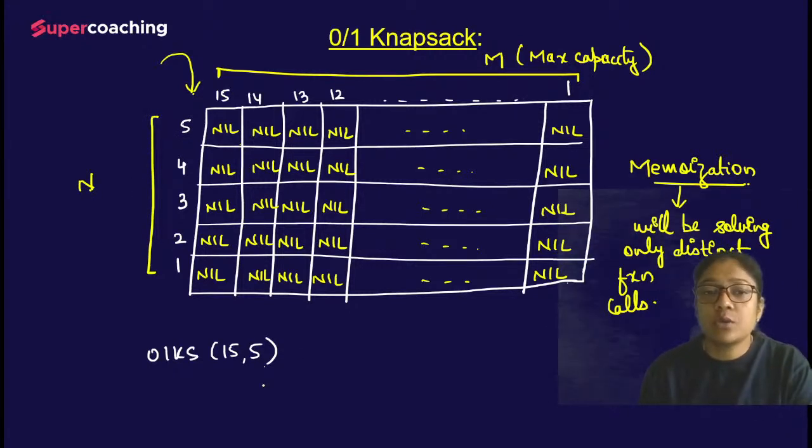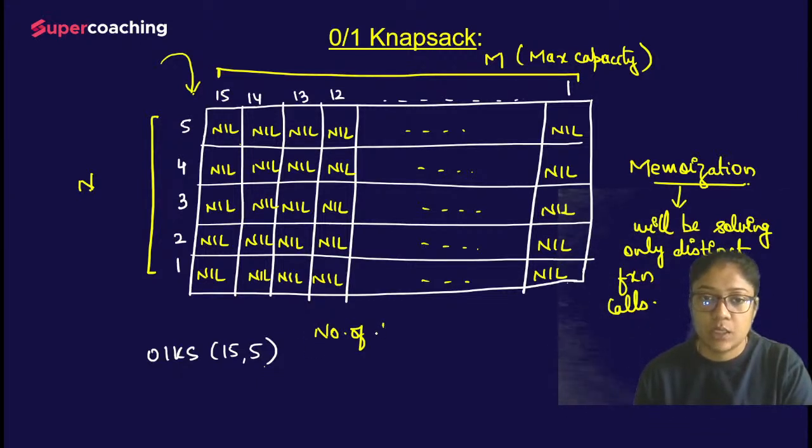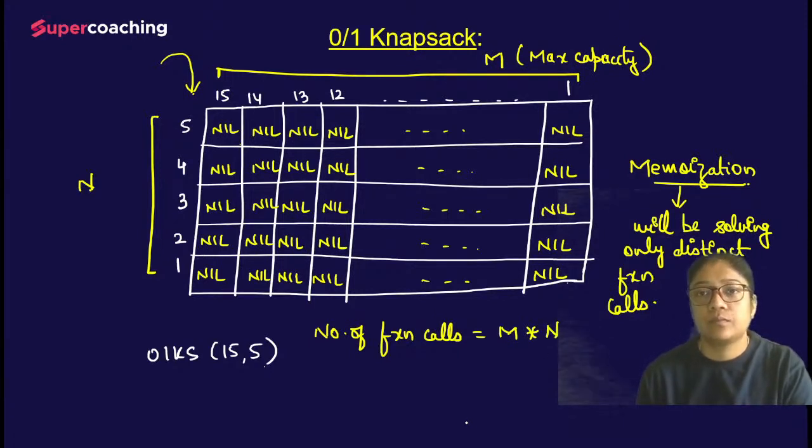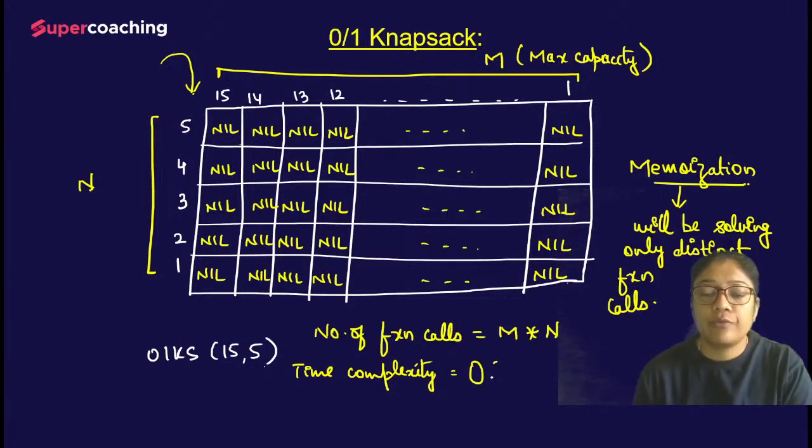So different function calls will be m into n. So time complexity comes out to be order of mn. This is the time complexity with 01 knapsack.